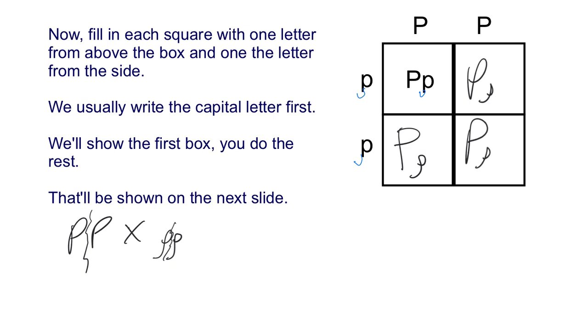So the genotypic results, in this case, are for all the kids. This would be the parental cross, and what I just showed you was the F1 generation. The F1 generation is all heterozygotes.